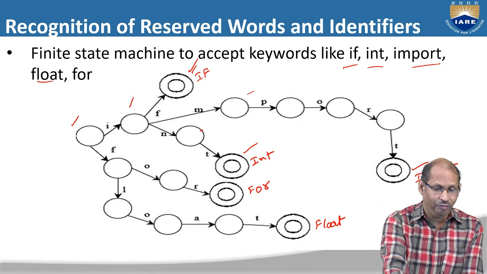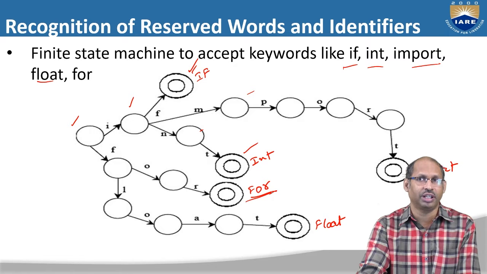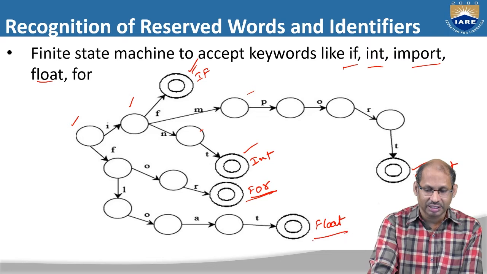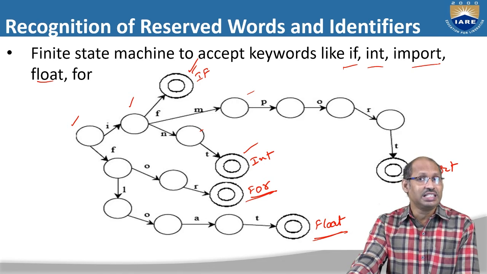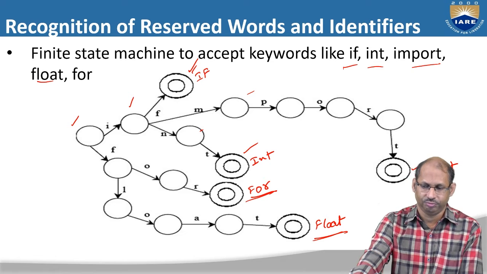So F followed by O and R, we say it is a for keyword. If it is F followed by LOAT, we say it reaches the float keyword. Right? So this is a transition diagram to accept and read the keywords if, import, int, for, float.